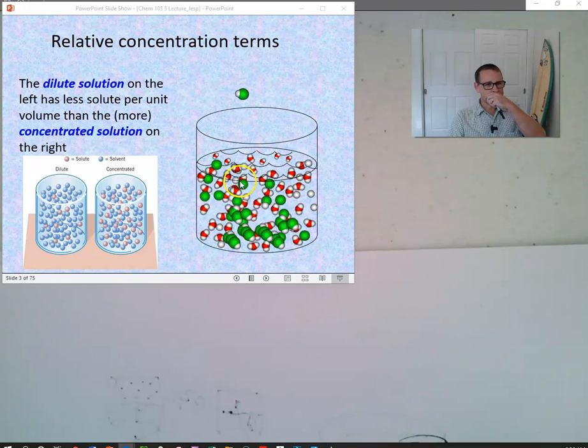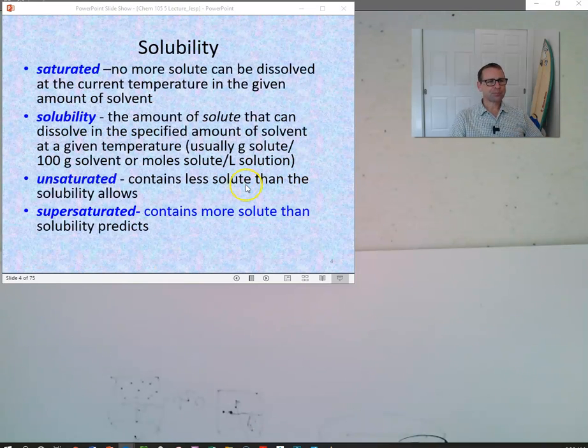Okay, so we also have a term that we need to make sure we understand, and the term is solubility. Solubility refers to how much of the solute can actually dissolve in the solution. Okay? And this is a big deal because some solute doesn't dissolve in water, right?